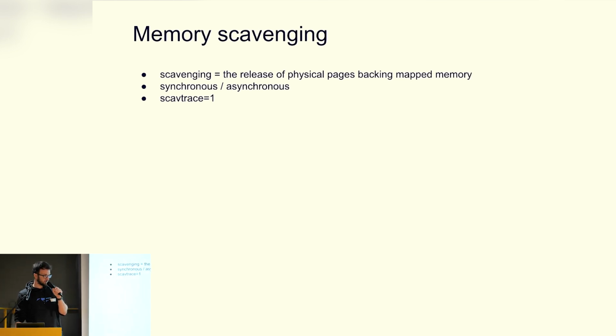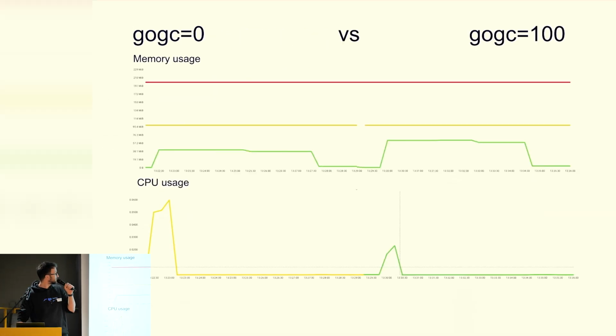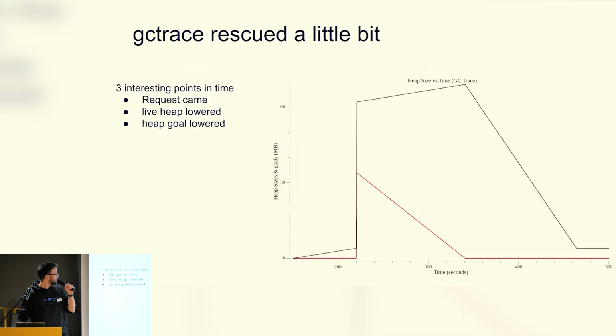Another important reason, I'll scroll back a little bit, why this is happening, that it allocates more memory than it needs, is that for the garbage collector, suddenly there is a request for 30 megabytes. So it's like, okay, oh boy, it's going to do it again next time, right?